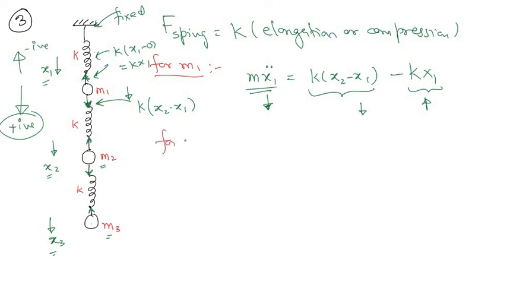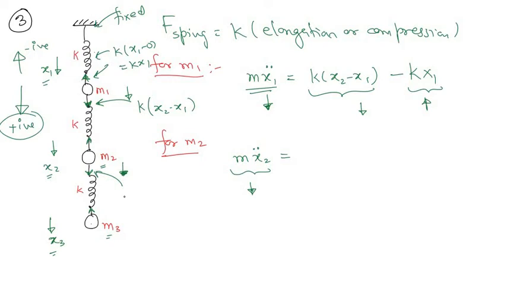Now for block m2, let us write in a similar way. First the acceleration, m x2 double dot, is equal to the net force on block m2. What is this force equal to?